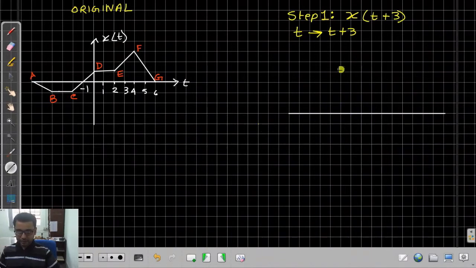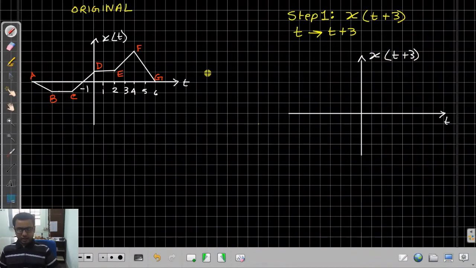Time versus amplitude. We are going to plot x(t plus 3), and this is going to cause a time shift. So this graph will shift 3 units towards the left because this is positive.